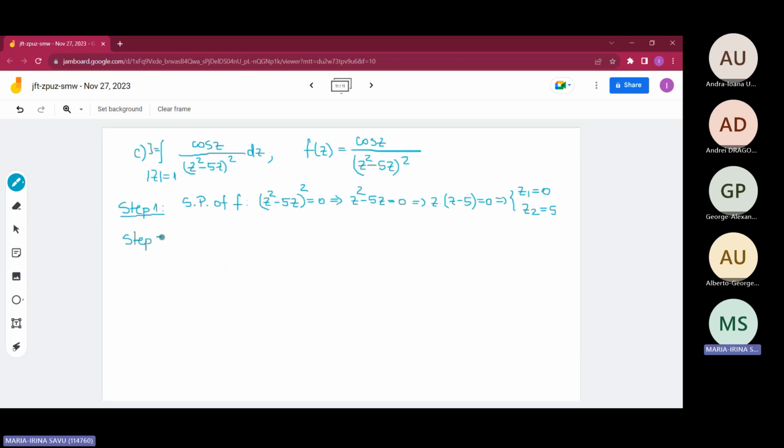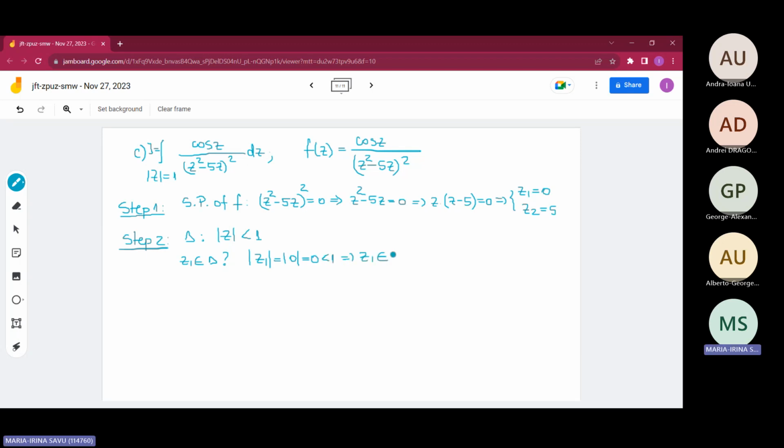Then, step 2. We have to take a look at delta. In this case, it is the modulus of z less than 1. Let's check if z1 is in delta by computing the modulus of z1. This is the modulus of 0, which is 0, which is less than 1.